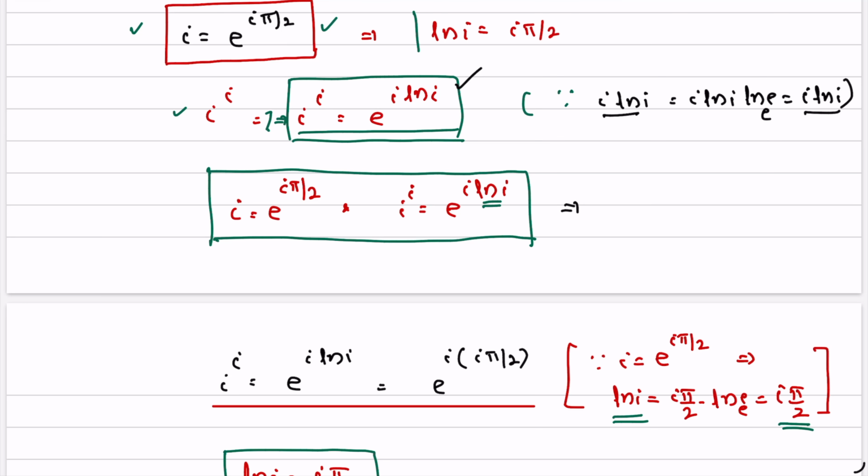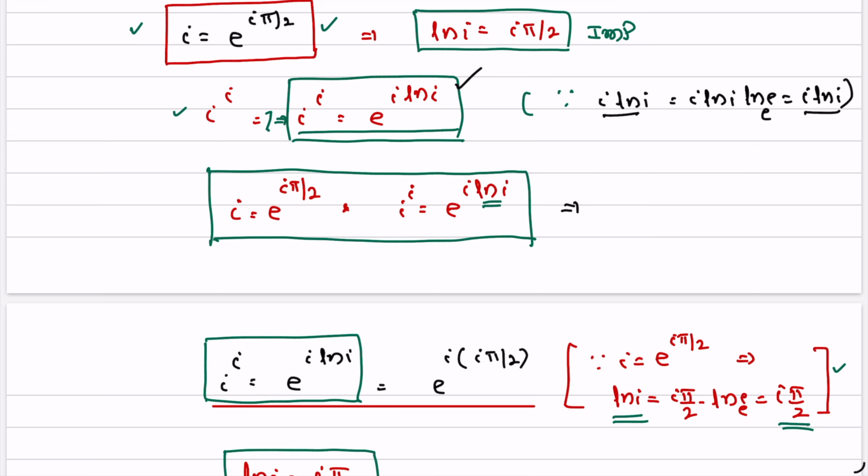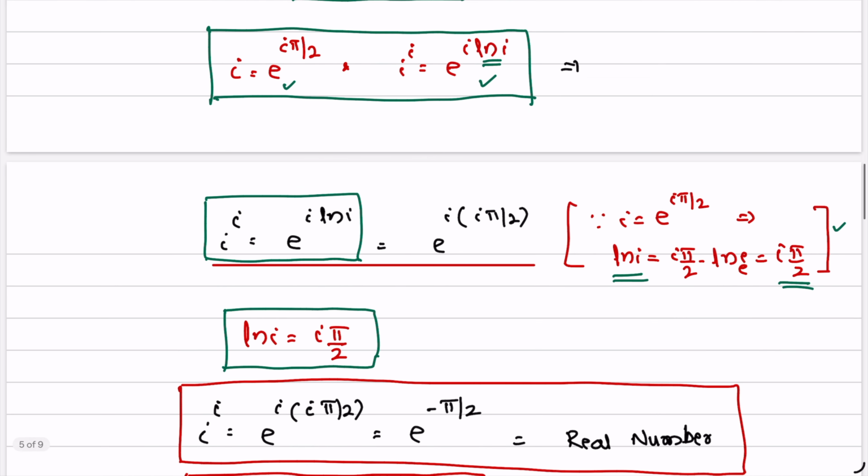This is the most important deduction, which we have shown here also. We have put it in this: i to the power of i is nothing but e to the power of i ln i. These two are very important derivations.